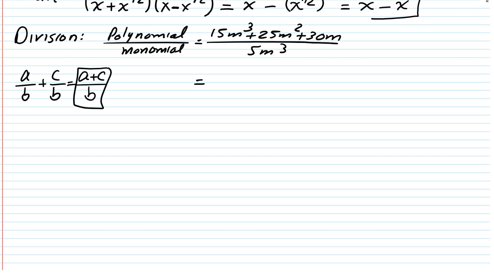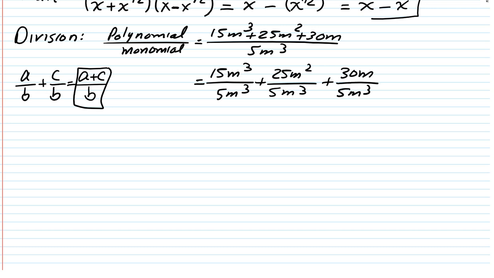I can break this problem into 3 fractions: 15m cubed over 5m cubed plus 25m squared over 5m cubed plus 30m over 5m cubed. That's an extension of adding fractions.